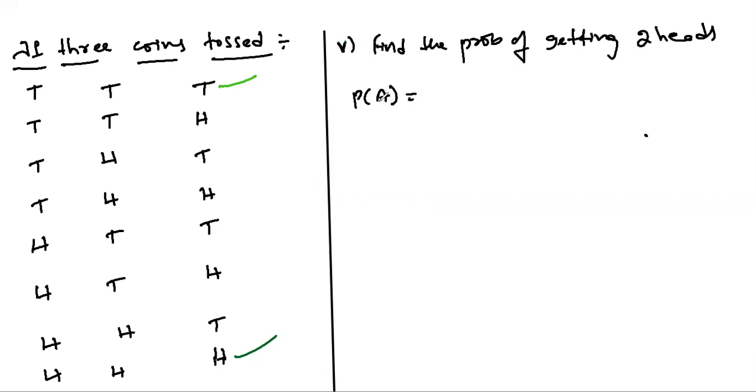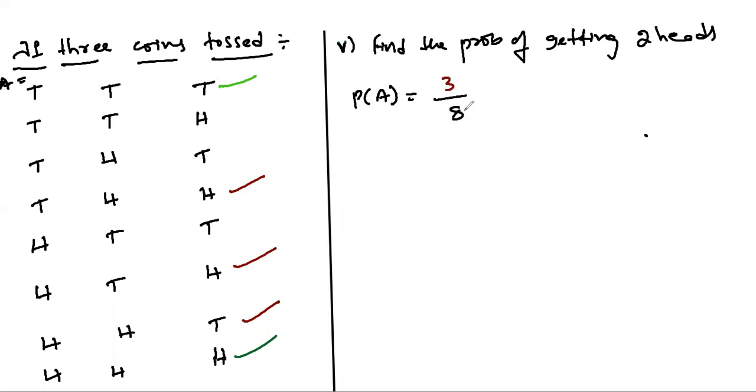Here you don't need to write A, anything you can write, but here you have mentioned A equal to, that means you are writing A. If you are writing B here, you can write B. So find the probability of getting two heads. Two heads in how many cases are you getting? One head, two head, two head, two head.